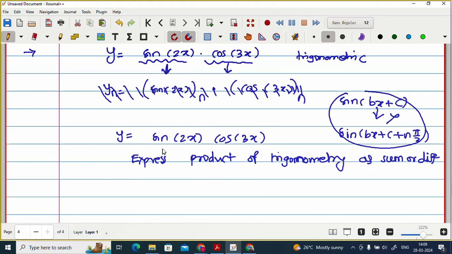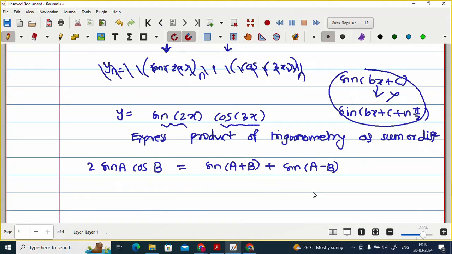Which formula do we have? It is the sin a cos b type. We just wrote the formula: 2 sin a cos b is sin of a plus b plus sin of a minus b.